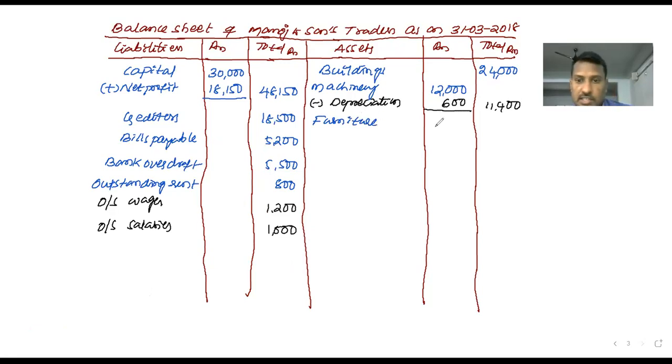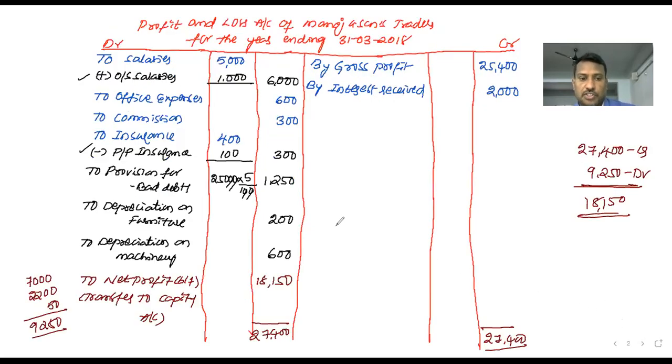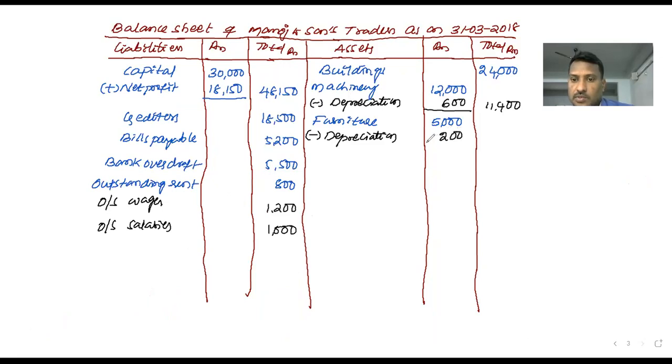The next one is the furniture. Value of the furniture 5,000, and on this furniture there is an adjustment, depreciation. What is the amount of depreciation on furniture? 200. So 5,000 minus 200, 4,800. Next, closing stock, also given in the adjustment. The value of the closing stock 9,000.